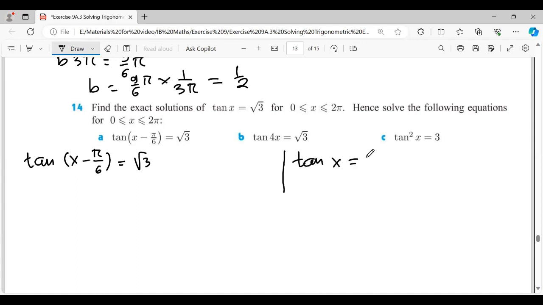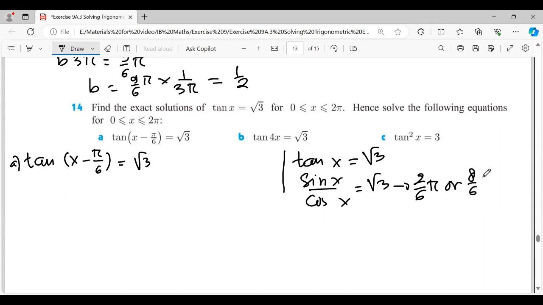Tangent x equals, because this is useful for A, B, and C. Sin x over cosine x equals square root 3. So it means tangent of square root 3 is pi over 3, or 2 pi over 6.